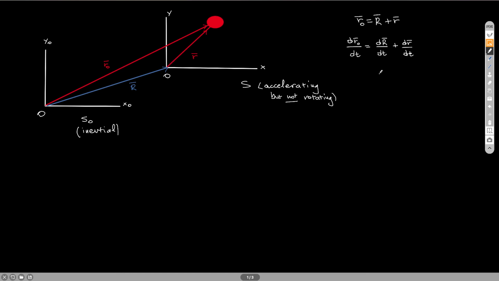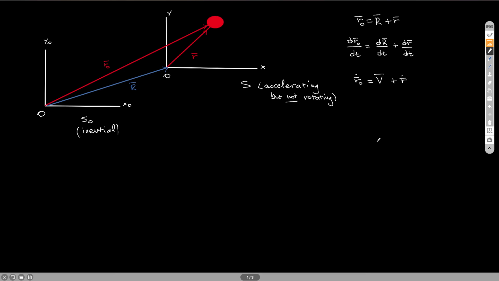Now, one thing I can do, I can say that the dR over dt is just v, uppercase V. So this will be the uppercase V plus this.